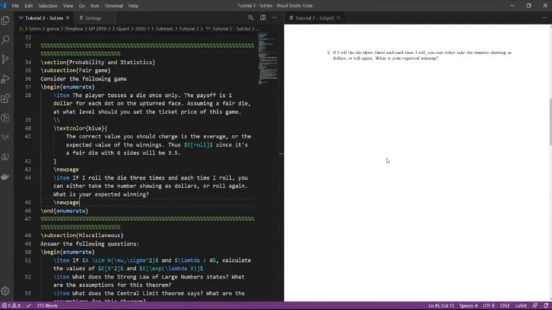Now, if I wanted to roll the die 3 times, and each time I roll, you can either take the number showing as dollars or roll again. What does that mean? Say on my first roll, I rolled a 6. Obviously, I want to take my winnings as 6. I don't want to roll any longer.